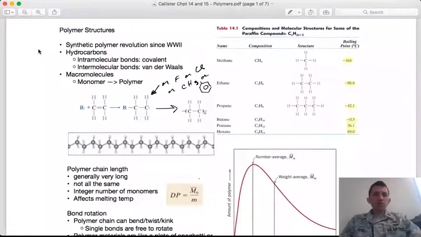From a bonding perspective, polymers are basically hydrocarbons, and they have two types of bonding. Intramolecular, meaning between atoms in one molecule, you have covalent bonds. You have electron sharing between carbon atoms.